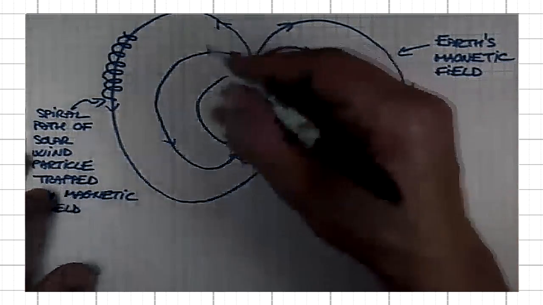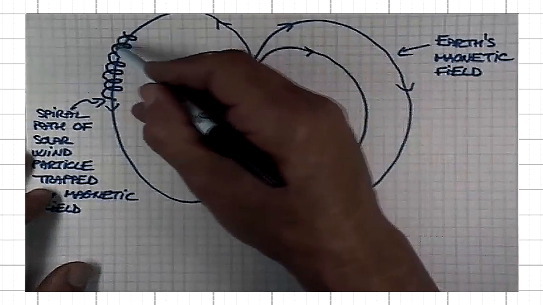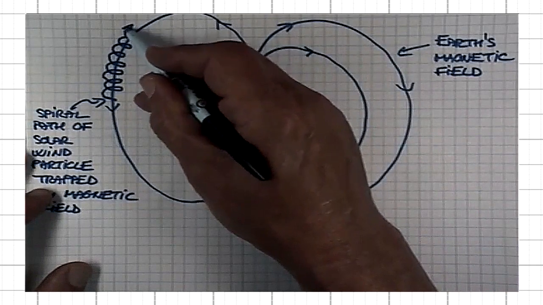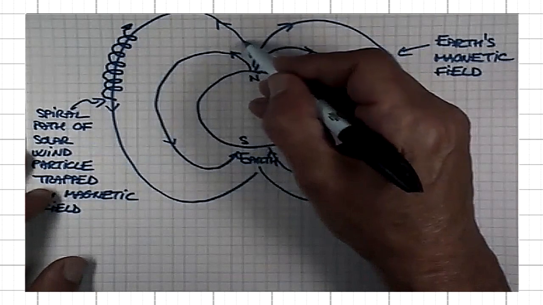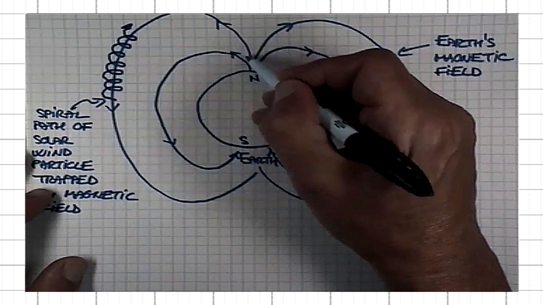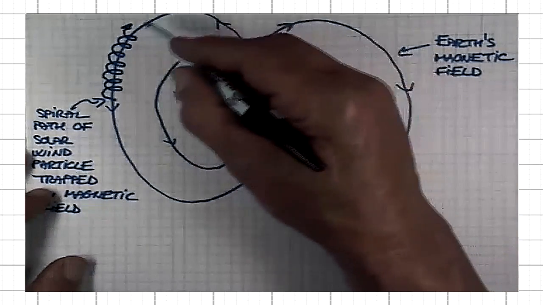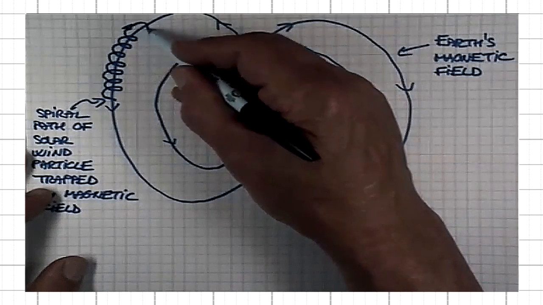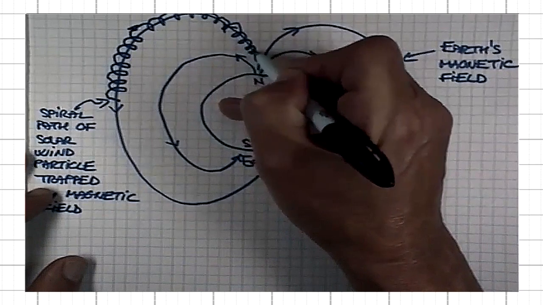And the only place where they can actually enter, right, if say a charged particle is moving this way, they can enter the atmosphere near the poles. So this one continues moving like so, right?